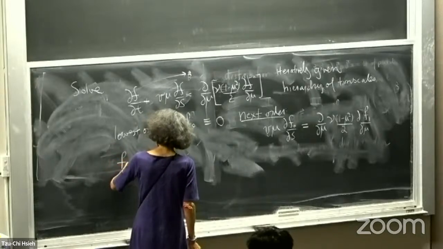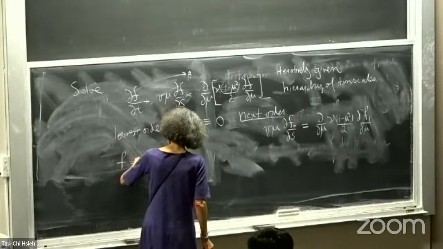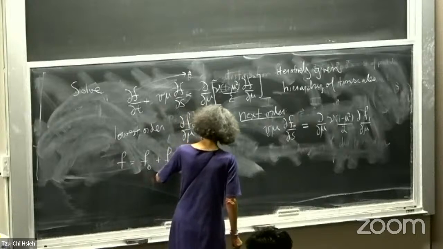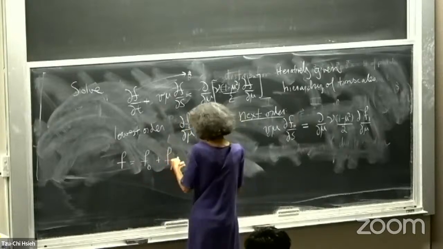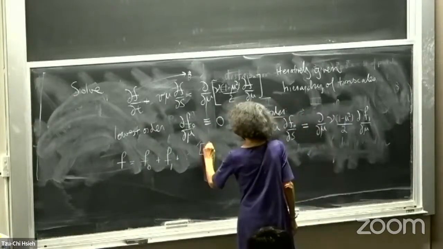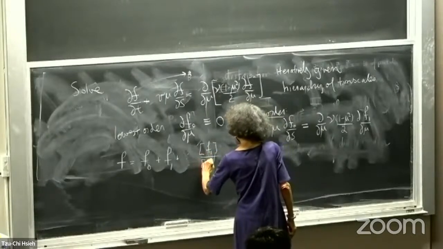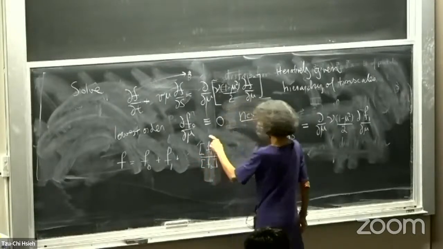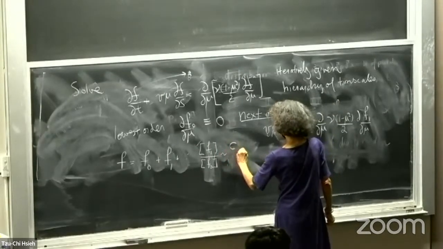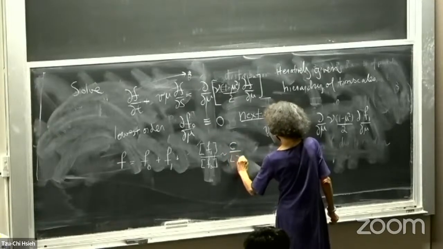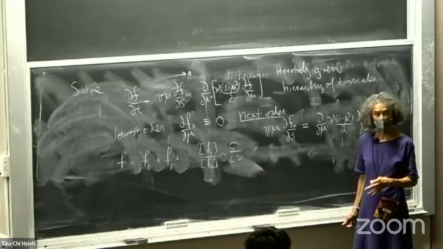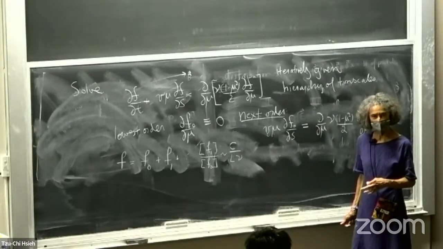What I have in mind is something like f equals f naught plus f1 plus f2. It turns out we're not going to have to go any higher than f1, and that the size of f1 over f naught, remember we're using these square brackets for sizes, is something like c over L nu. This is an assumption. Does that help a little bit?